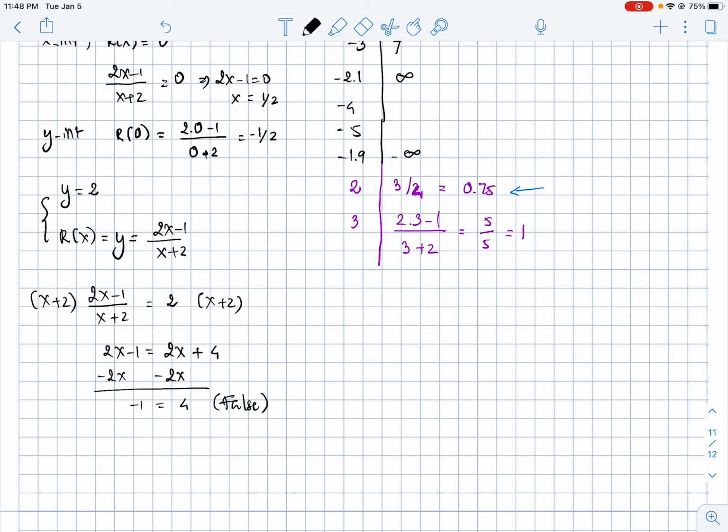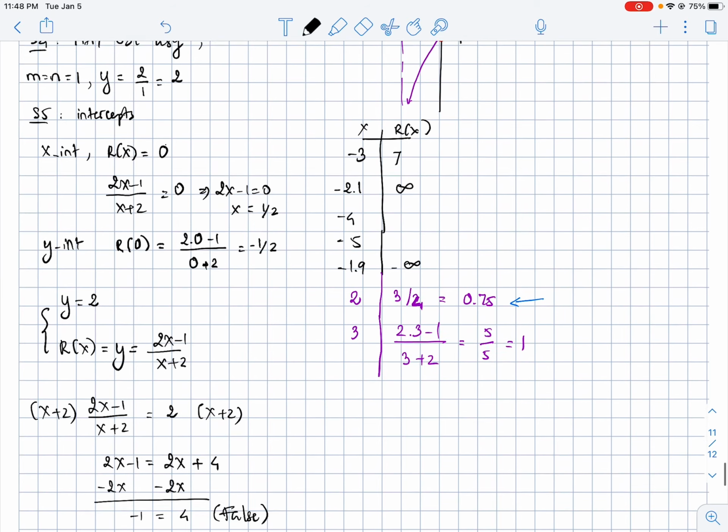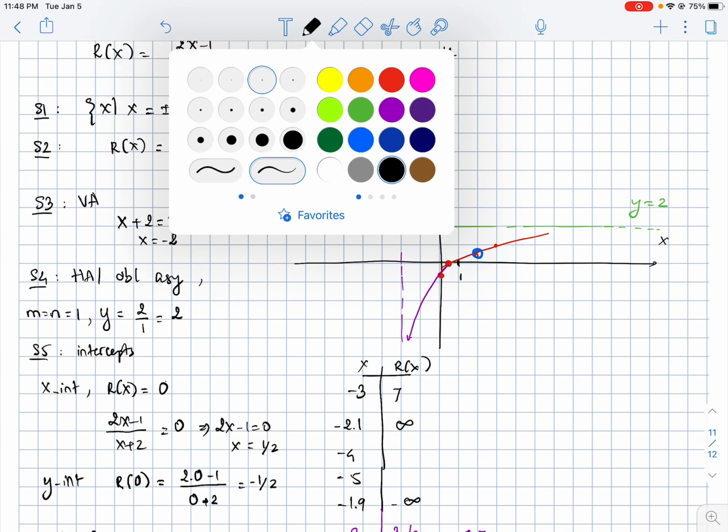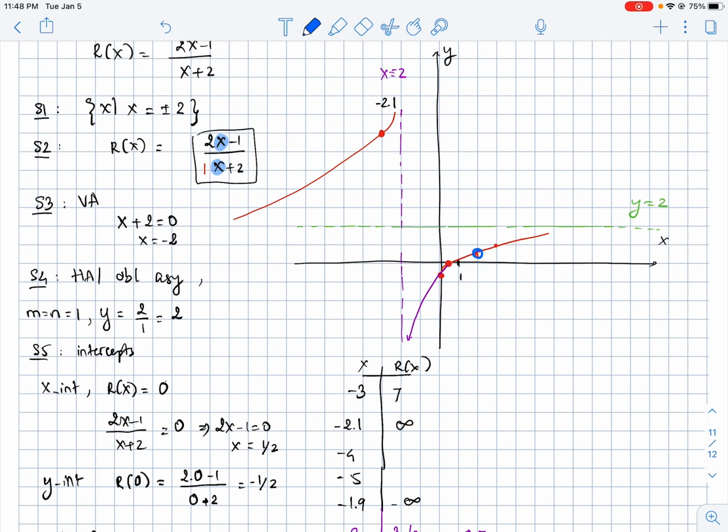So basically you cannot find an x so that the two functions meet each other. So in this case, you can conclude that the graph does not cross, does not touch, does not intersect the horizontal line. So basically your graph right here is done. And you can continue to draw the curve, and it just approaches but does not touch y equal to 2.